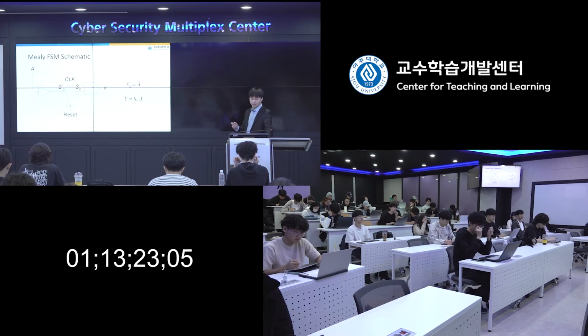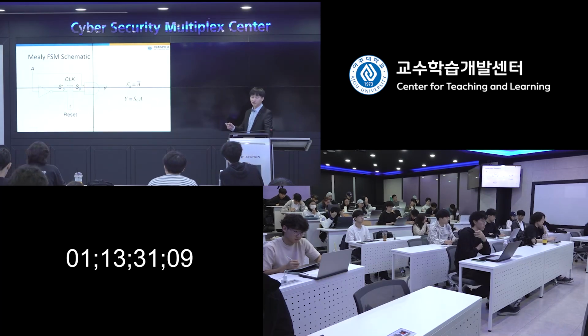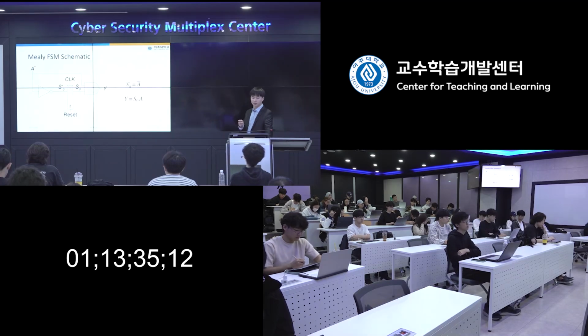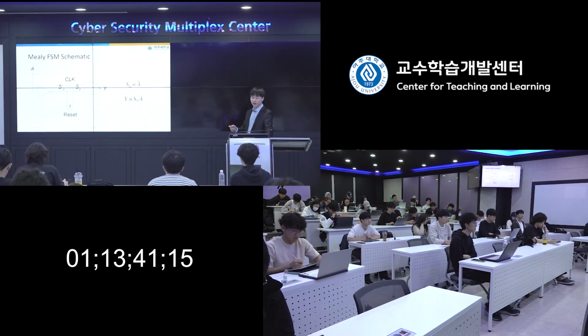You see here, in the Mealy FSM, the combinational logic of the output circuit receives the input A directly, along with the next state logic. A will directly affect the final output. So this is the design of the Mealy FSM.